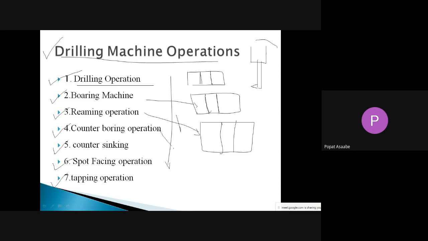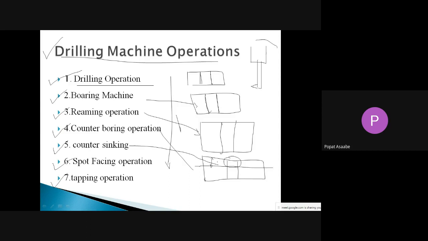Then counter boring operation is the operation in which we carry out enlargement of the existing hole up to some portion, and that enlargement is cylindrical. This is called counter boring.